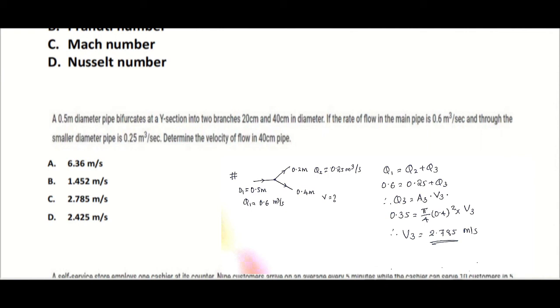From that we can find the Q3 value, which will be equal to A3 into V3 according to the continuity equation. Apply the continuity equation on the 40 centimeter pipe. Q3 is equal to A3 into V3.